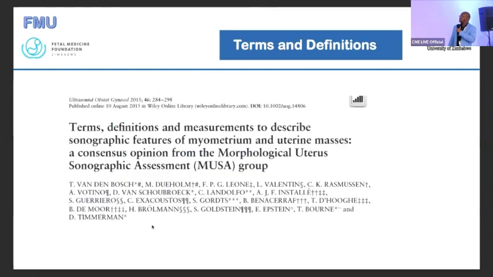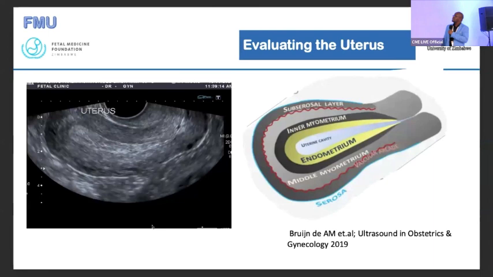The terms and definitions by TVUS look at the definitions and measurements to be described during a scan for fibroids and uterine masses. This is how we then evaluate. We get very good images when we are doing transvaginal scan, and you can clearly delineate the structure of the uterus from the serosa all the way to the endometrium.